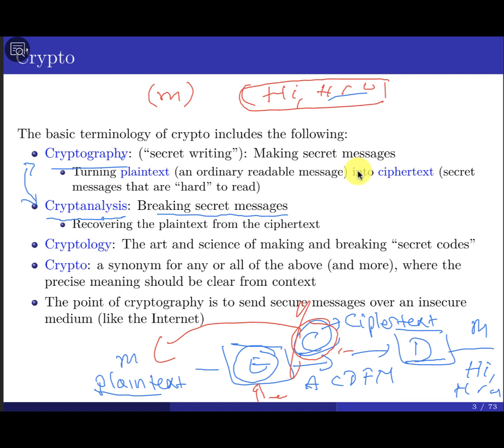The cryptanalysts try to recover the plain text from the ciphertext, or, if they know the key, they can use it to recover the original message and all future ciphertext communication created using this key. So cryptography is secret writing, cryptanalysis is breaking the secret message. Cryptology is the art and science of making and breaking secret code. So cryptology covers both of them.